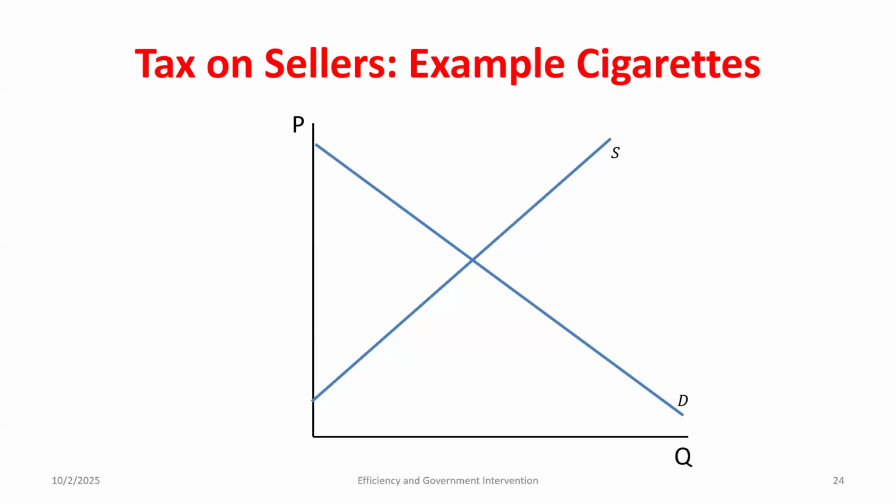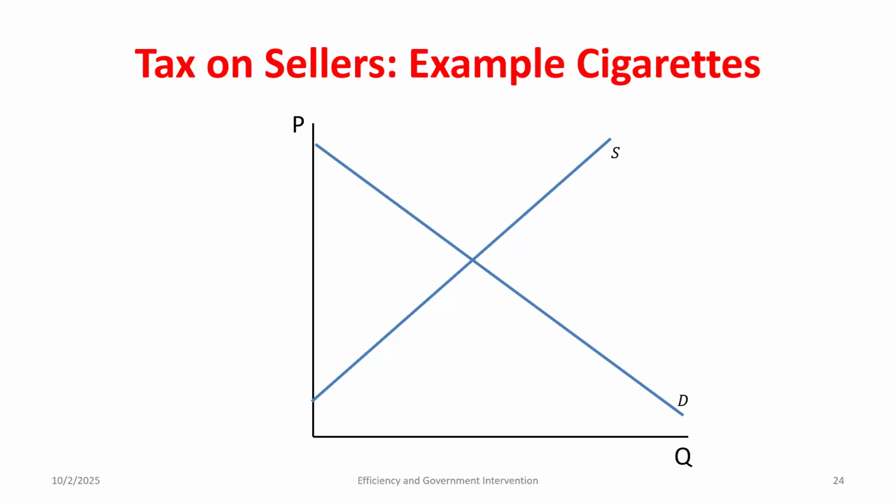Another way that we could write this is what's the price the consumer is going to actually pay, whatever the seller keeps plus the tax, right? Just different ways of writing the same thing. Okay. So if the consumer pays this amount and the seller only gets to keep that amount minus the tax, where would I be at? Well, what's the difference between my supply curve and my supply curve plus the tax? Just the value of the tax.